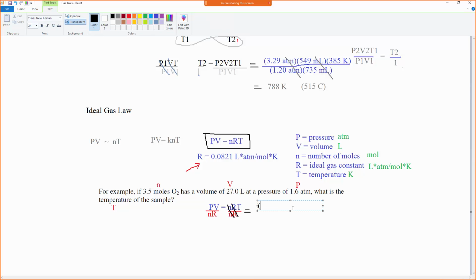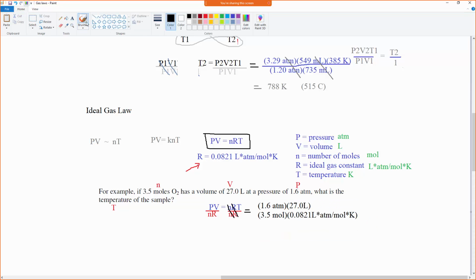P being 1.6 atmospheres, V being 27 liters, N being 3.5 moles, and R being 0.0821 liter atmospheres per mole K. Okay.